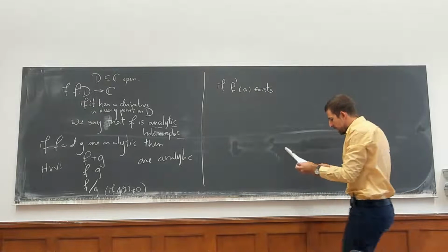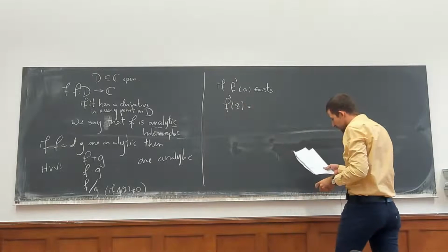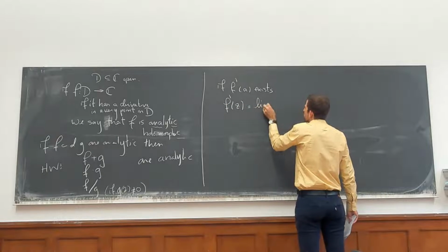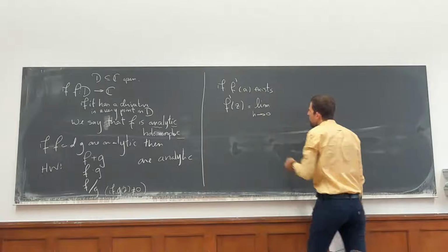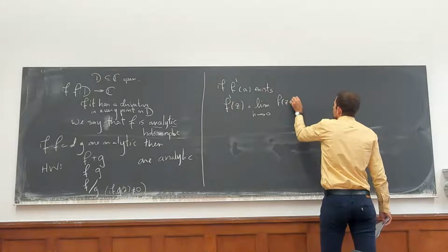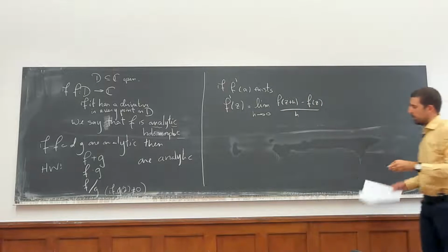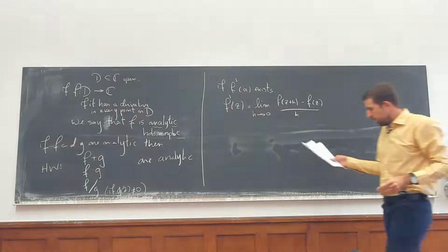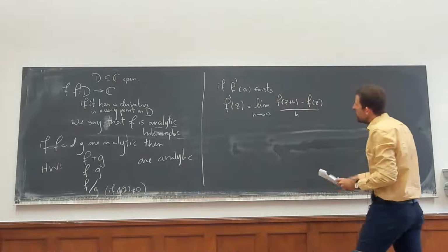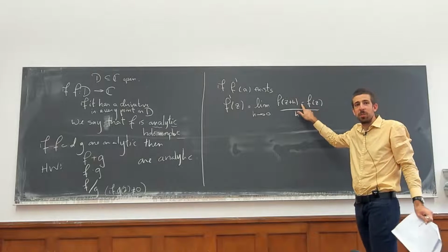what does this mean? This means that f prime of z is equal to the limit. I'll try to use the same notation as in the book as much as possible, so that it's easier for you to go see. If this limit exists, since the denominator goes to 0, then the numerator also needs to go to 0.